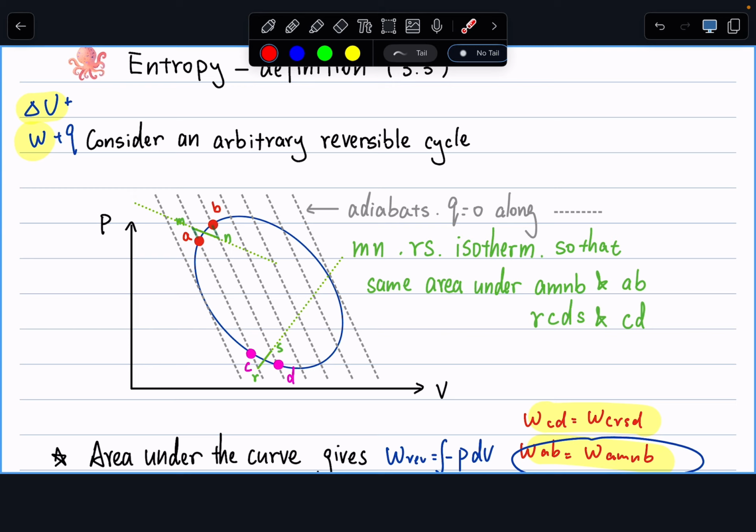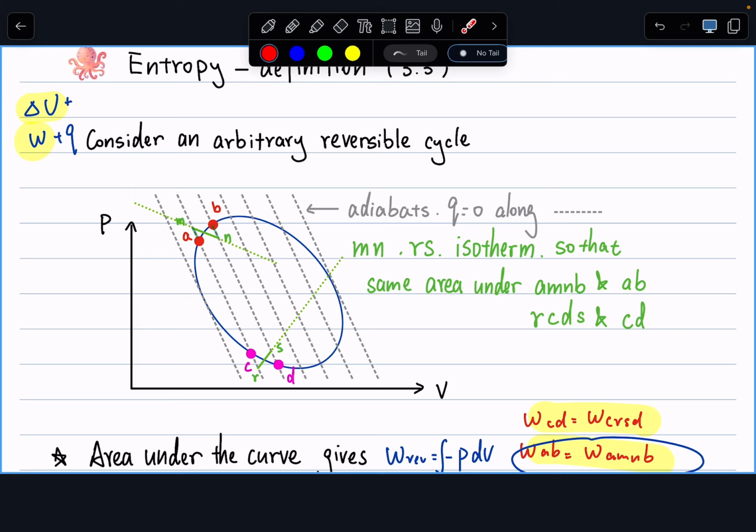Because we have so many different lines, you can always do a mathematical operation to find 2 dots that fulfill our 3 requirements, like drawing points on my isotherms and on my adiabats, so that the area under AMNB and the area under AB are the same.